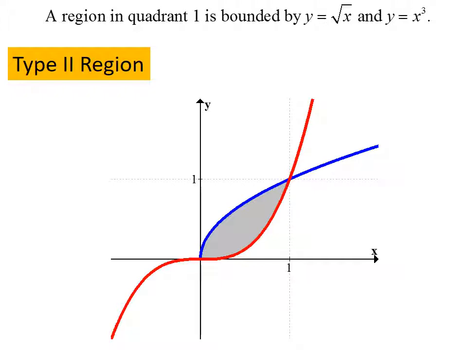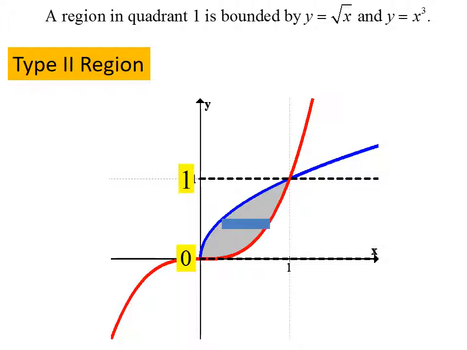Now here's that same region. If we were to draw horizontal rectangles, we would need to be able to describe each horizontal rectangle in terms of what is on the right and what is on the left. Well, as you can see, any rectangle we put horizontally in this shaded region is going to have its right side on the red graph, which is y equals x cubed, and its left side on the blue graph, which is y equals square root of x.